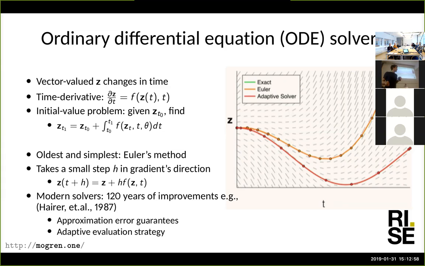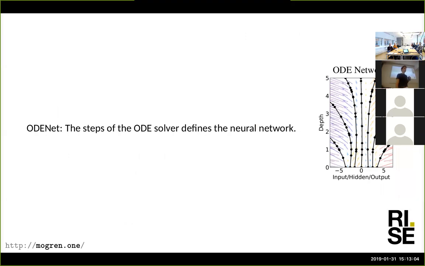Anyhow, this is kind of the core of the architecture of the ODE net. This is how we define the network. So the network is stepping through this vector field, using this vector field to step through the space of internal representations, Z. And then these evaluations are done dynamically.